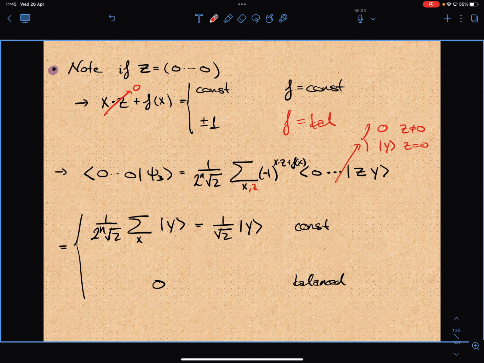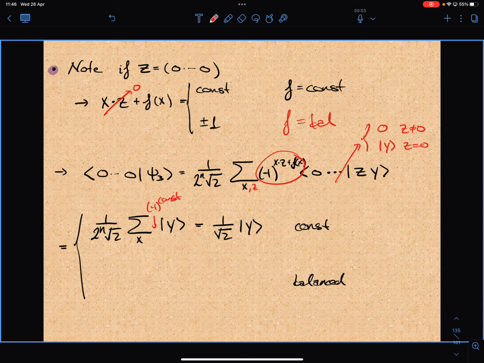So in here, if f is constant, then this exponent is just going to be minus 1 to a constant.